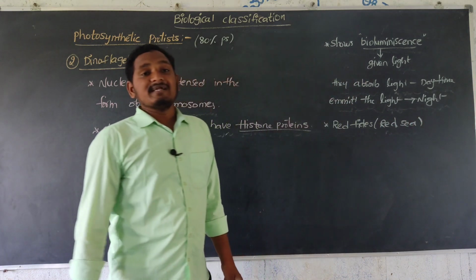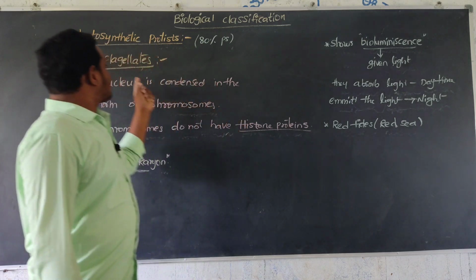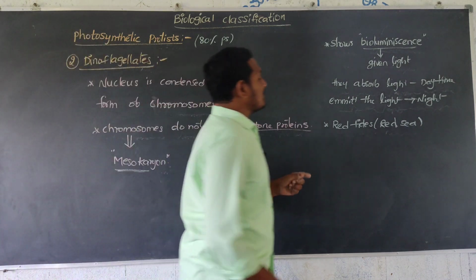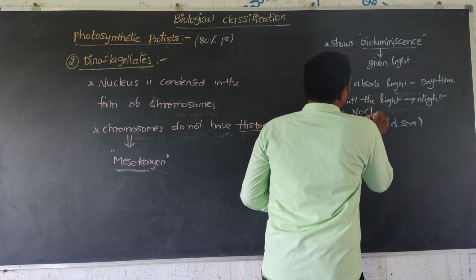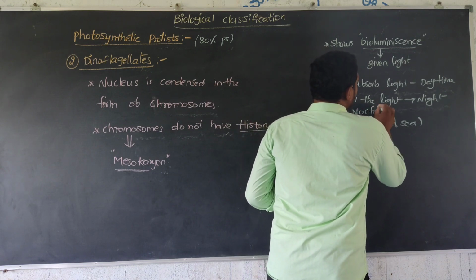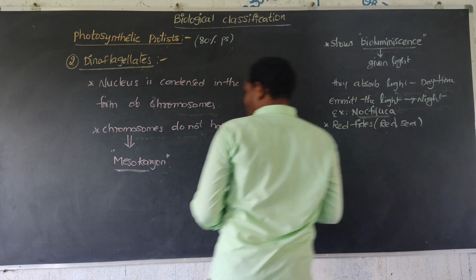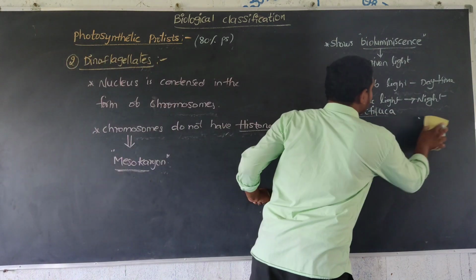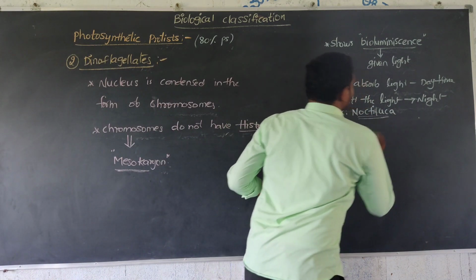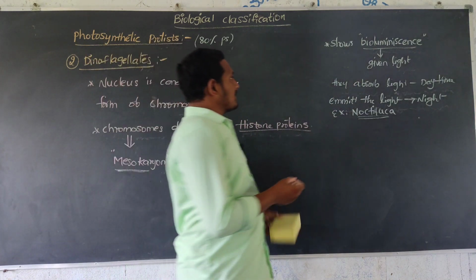Before that, an example of bioluminescence is Noctiluca. Noctiluca is a dinoflagellate which exhibits bioluminescence, meaning it absorbs light and releases light.